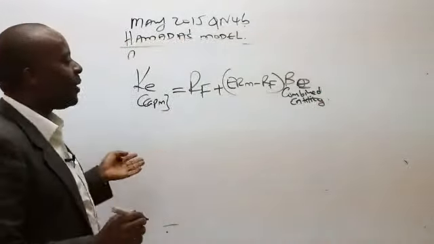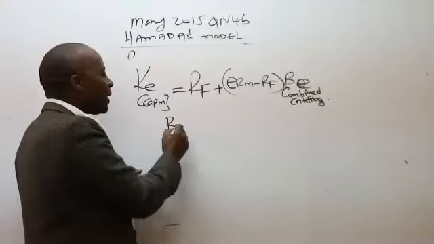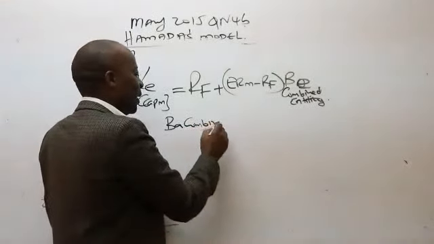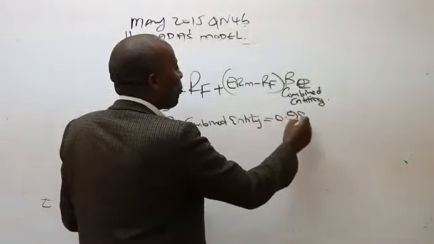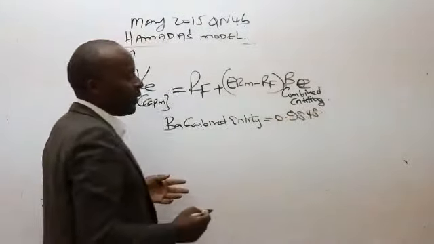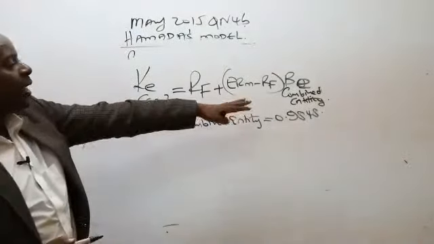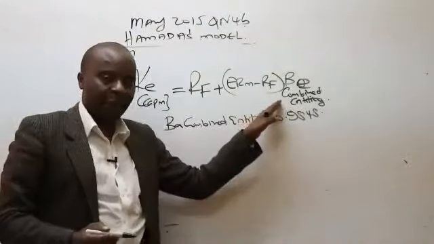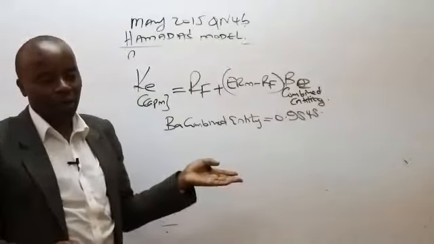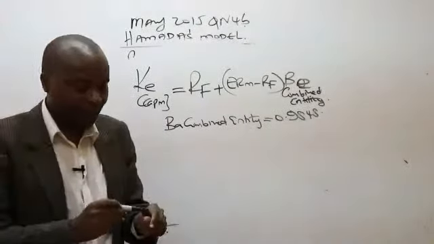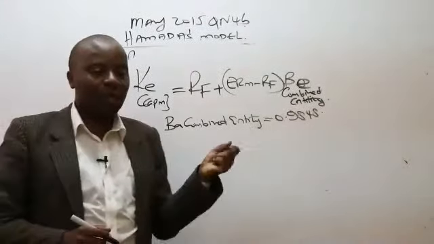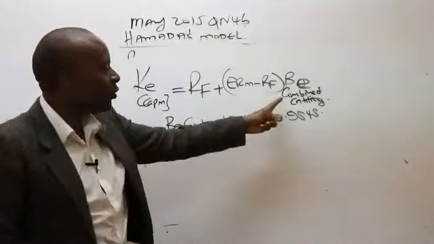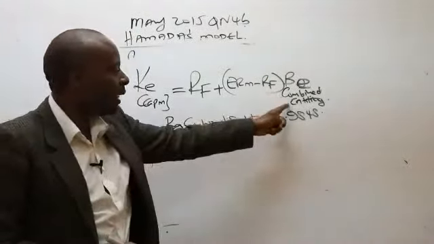What I happen to have is beta assets of the combined entity, which is 0.9848. But they want me to give them beta equity of the combined entity. So what should I do now? Can somebody tell me what I should do to get beta equity of the combined entity from this beta assets?